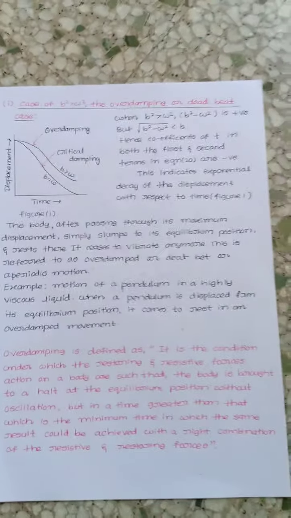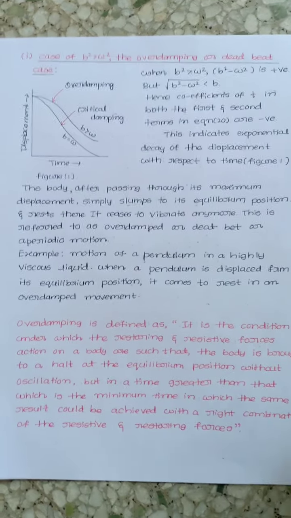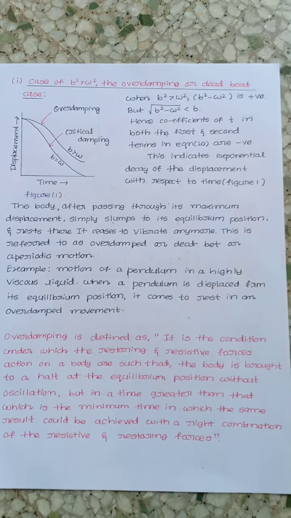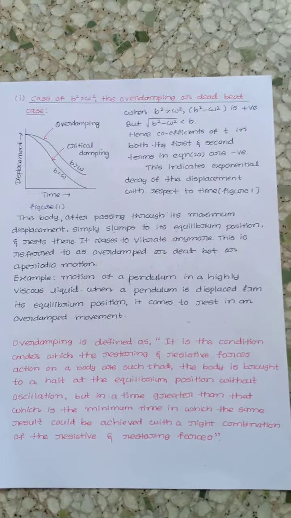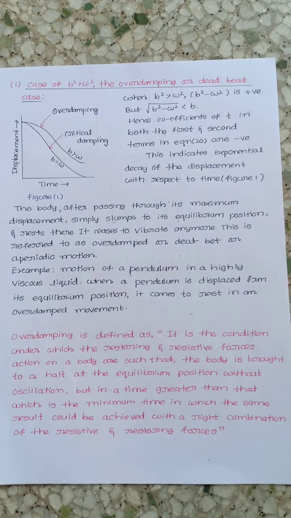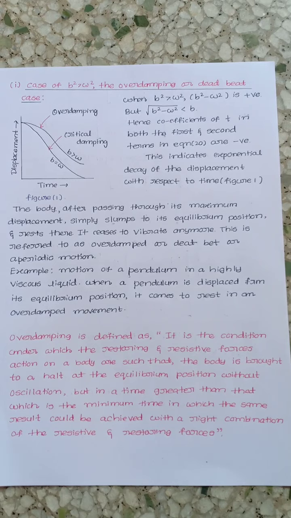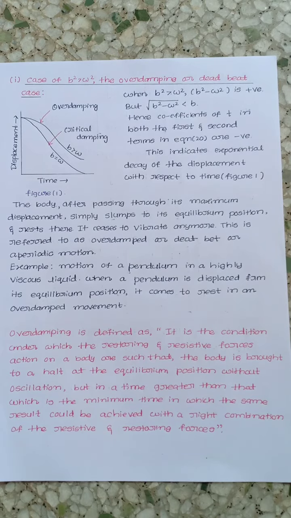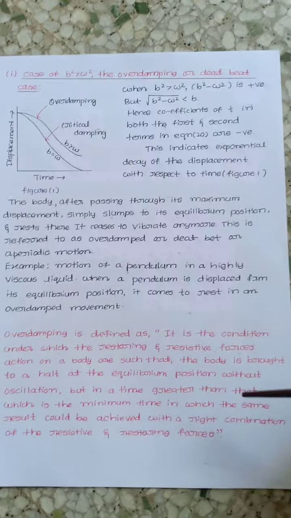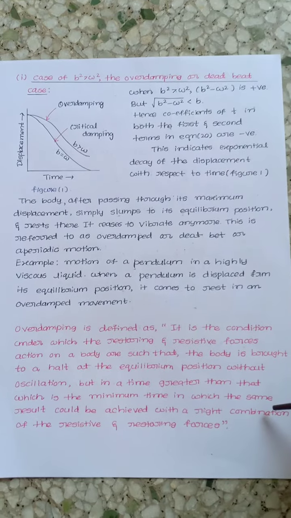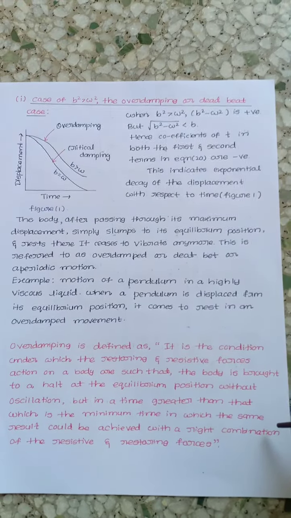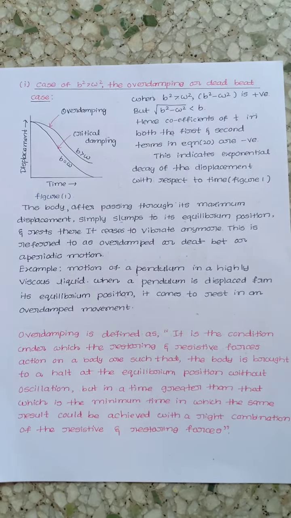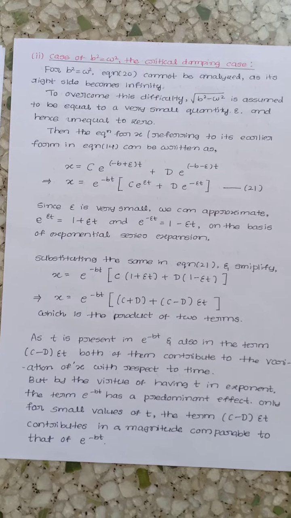Overdamping is defined as the condition under which the restoring and resistive forces acting on a body are such that the body is brought to a halt at equilibrium position without any oscillation, but in a time greater than the minimum time in which the same result could be achieved with the right combination of restoring and resistive forces. That is the case of overdamping.